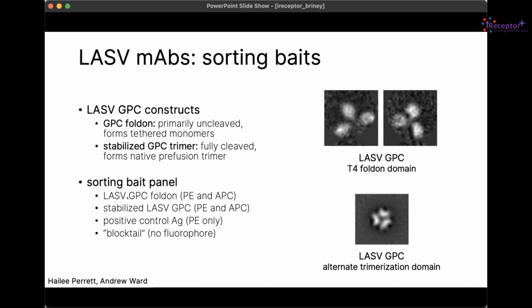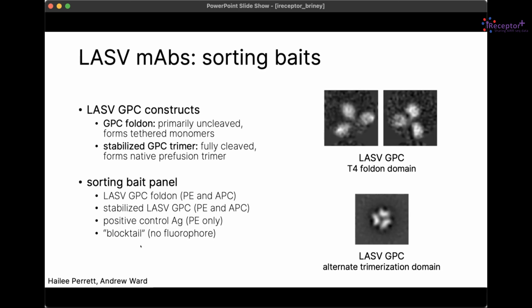We used the GPC fold-on construct with a dually labeled PE and APC, and with separate antigen barcodes on each. The stabilized Lassa GPC, a positive control antigen, which typically we use influenza HA. The positive control would be for an antigen we'd expect almost everyone in the cohort to have antibodies against.